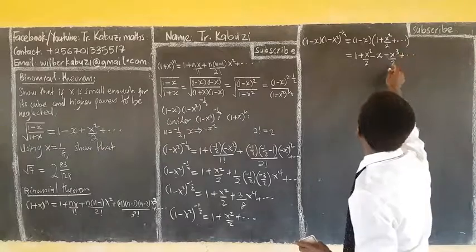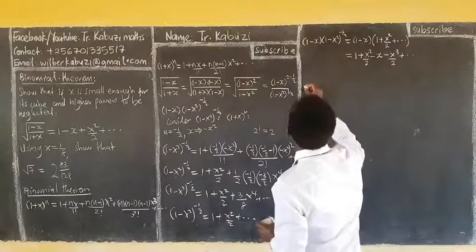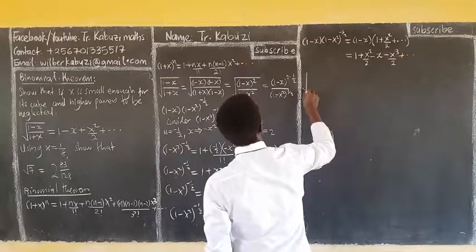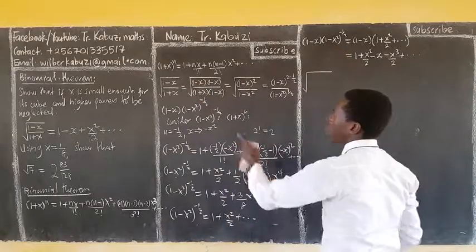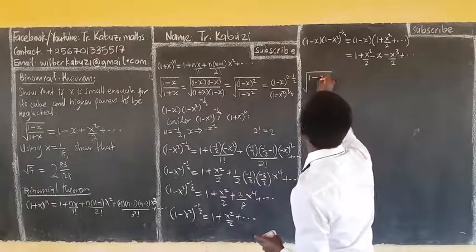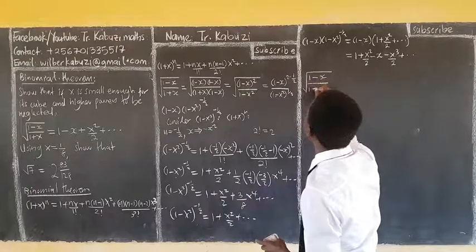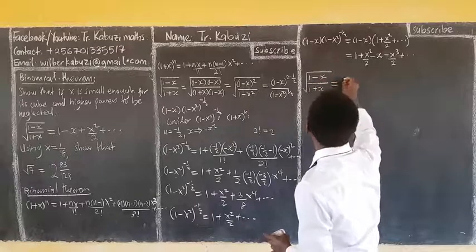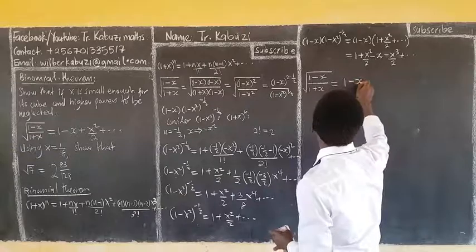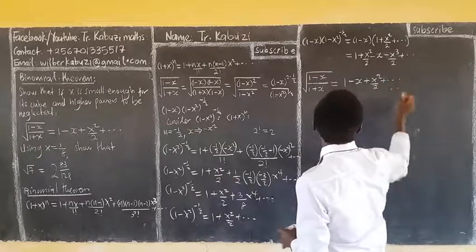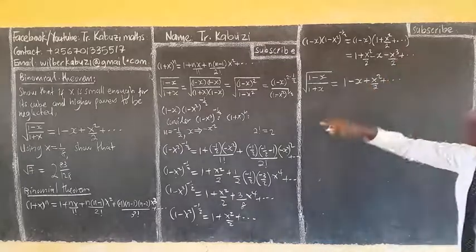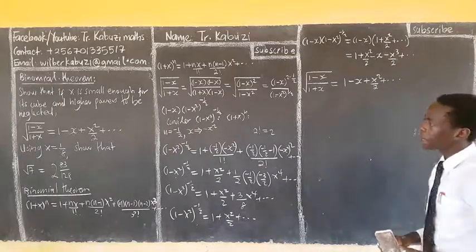Remember, the whole of this is equal to this. So now I have the square root of 1 minus x over 1 plus x equal to 1 minus x plus x squared over 2 plus other terms. I neglect this one, because the question said so.